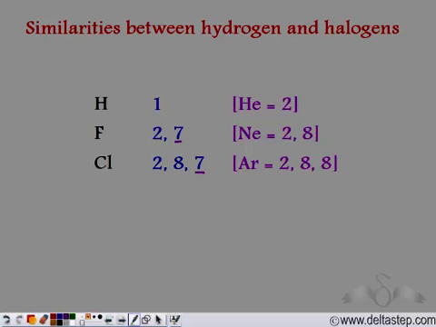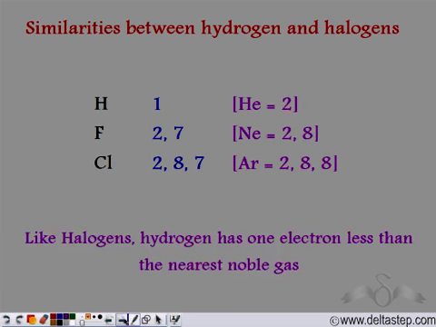Similarly, hydrogen has one valence electron. The nearest noble gas to hydrogen is helium, which has two valence electrons. So like all the halogens, hydrogen has one electron less than the nearest noble gas. So this is how it is similar to halogens.